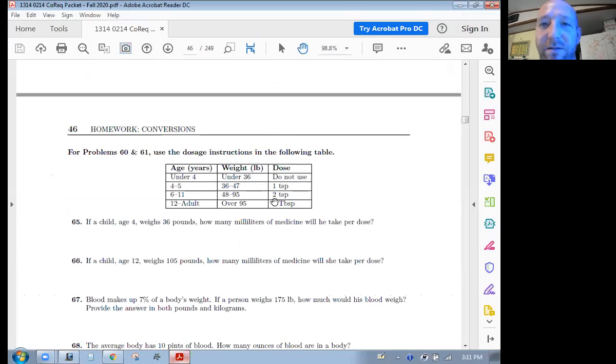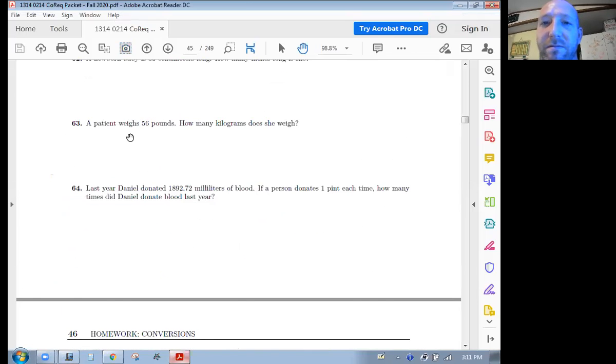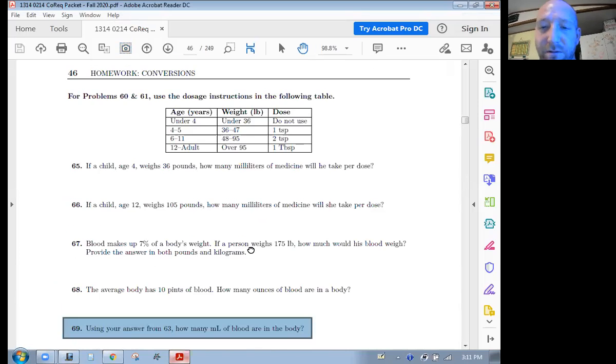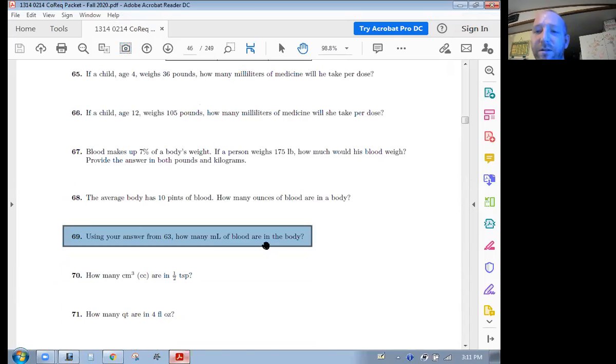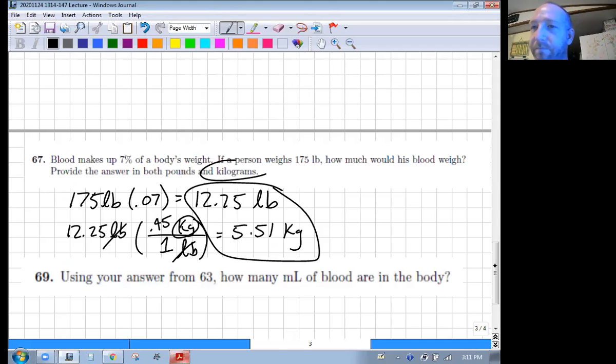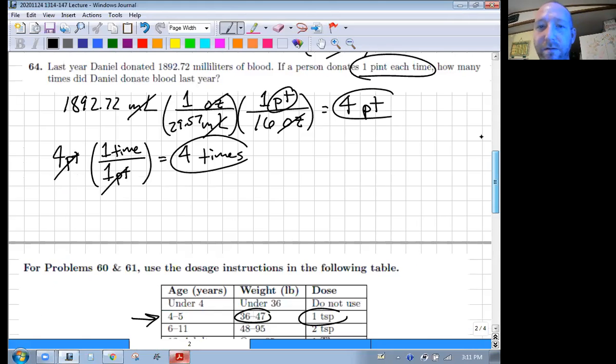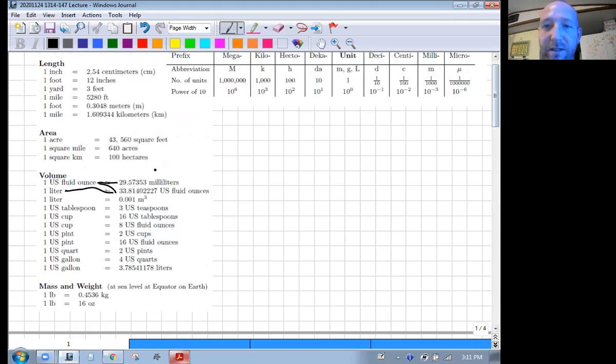Where's problem 63? Well, that's pounds. How many kilograms? Well, it depends on how much blood weighs, doesn't it? We can't assume it's the same weight as water. I don't see any way to do that. Because these are volumes, these are weights.